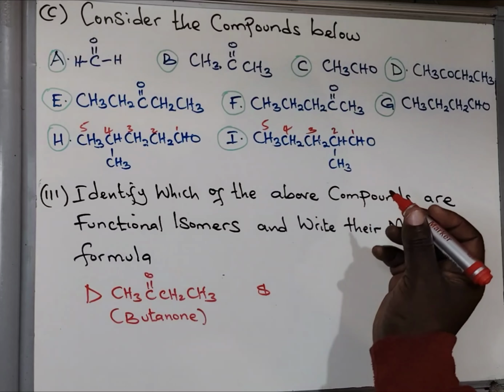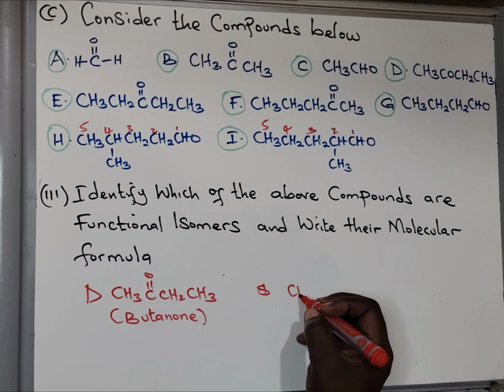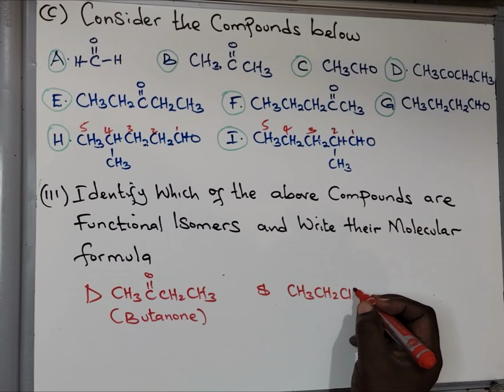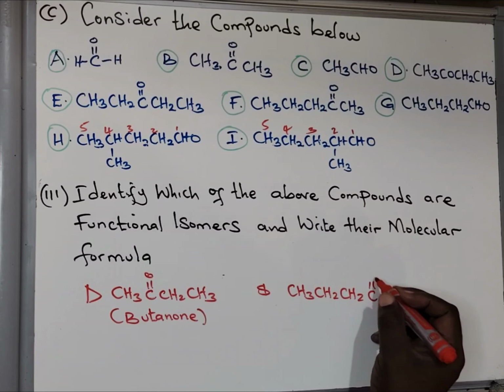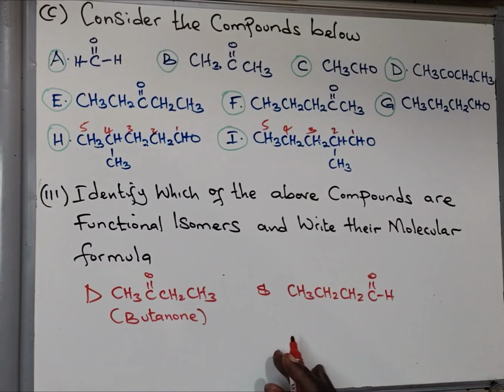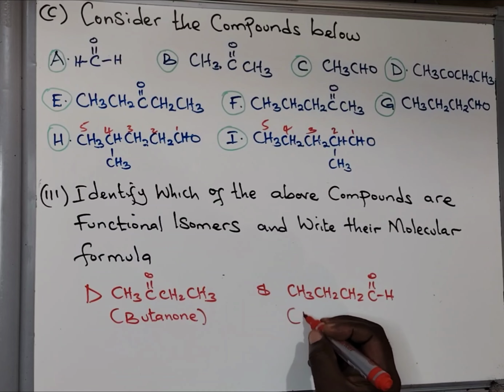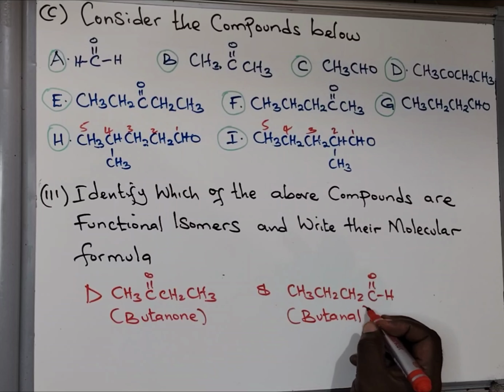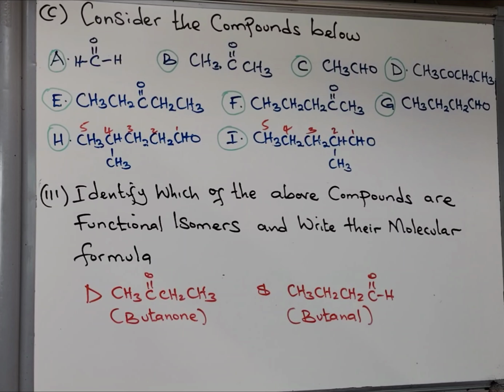Meanwhile, G is CH3, CH2, CH2, C double bond O, H, which is butanal. Now you have to know that butanone belongs to ketones, and butanal belongs to aldehydes. Yet they have the same molecular formula.